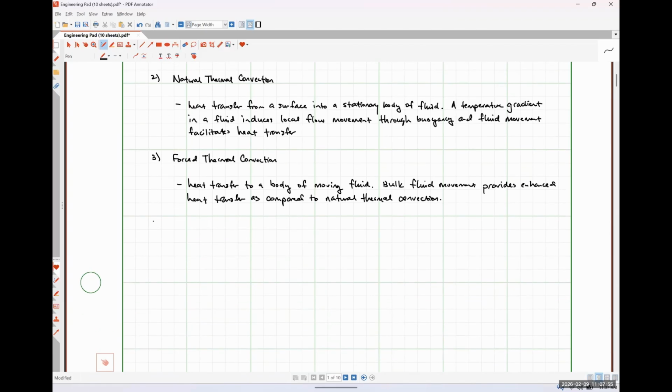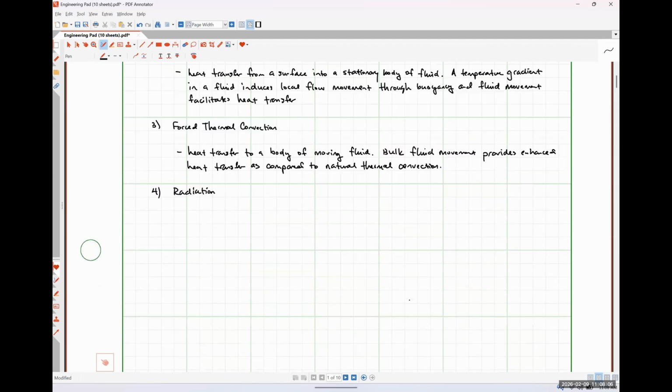And then our last method of heat transfer is radiation. So in radiation, we have heat transfer through some form of electromagnetic radiation, propagating in either a vacuum or air.